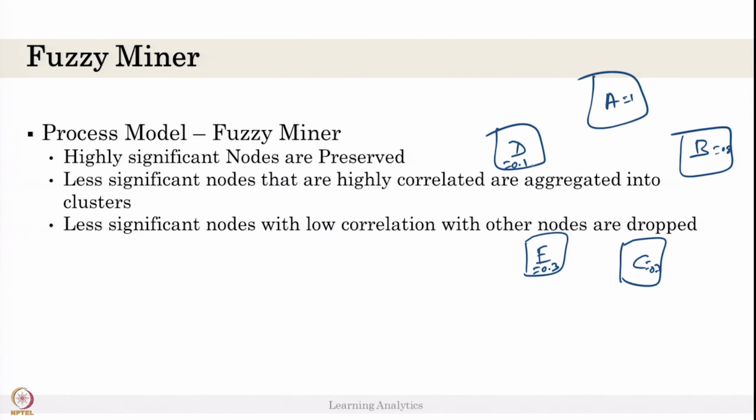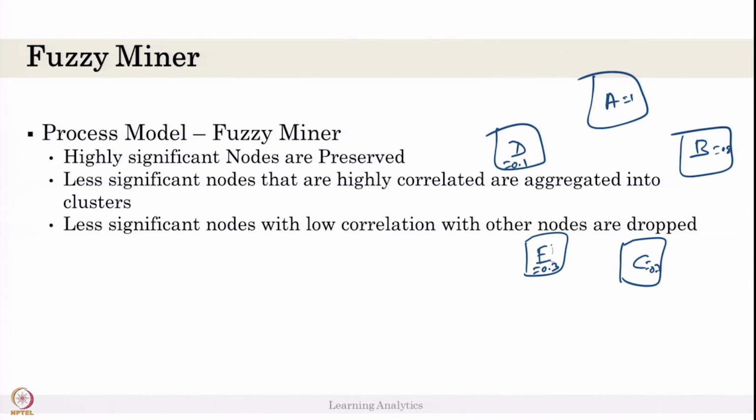Less significant nodes that are highly correlated are aggregated into clusters. Consider these 2 nodes are less significant, 0.1 and 0.3, but have a very high correlation.